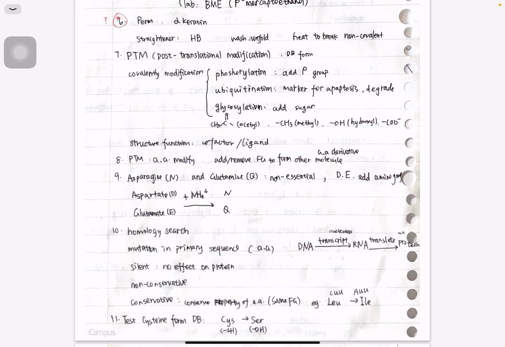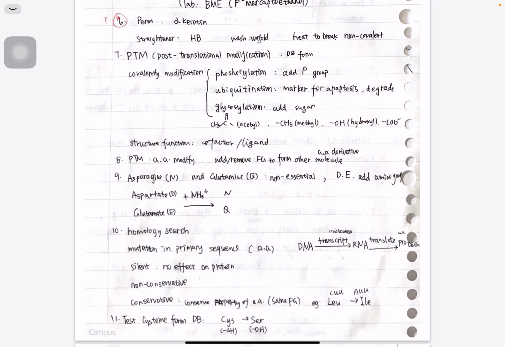They can form aspartate and glutamate, and when aspartate and glutamate add an amino group, they can become asparagine and glutamine. So asparagine and glutamine are not essential amino acids, because we can do a simple step to form them.